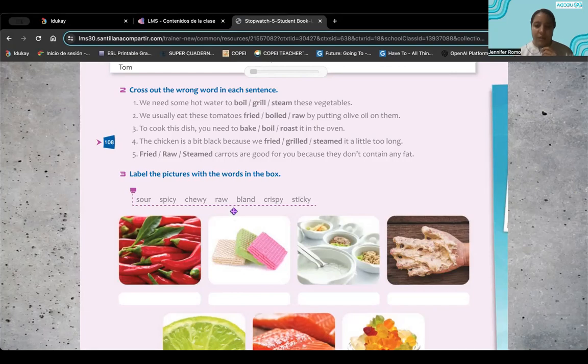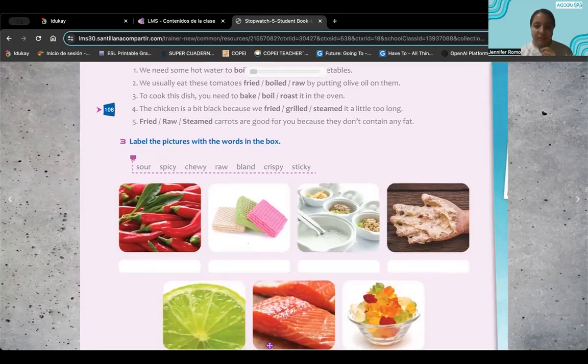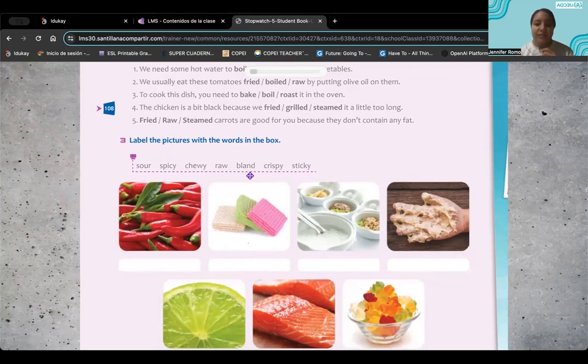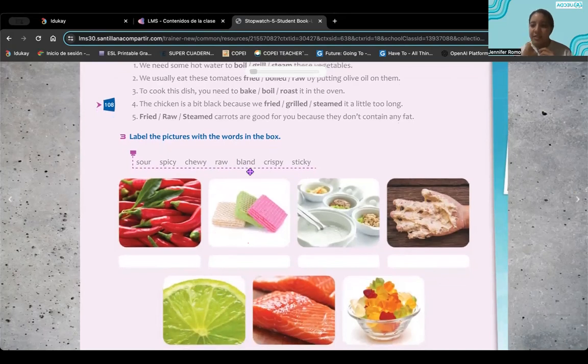Raw, when it's like you eat raw sushi. Crudo. Bland, it means like it doesn't have taste. It's insípido, que no tiene sabor.